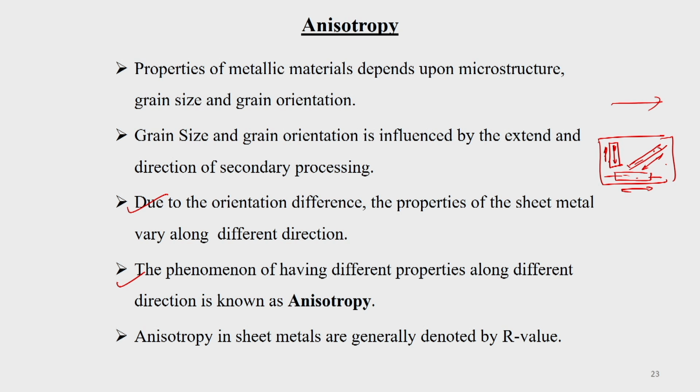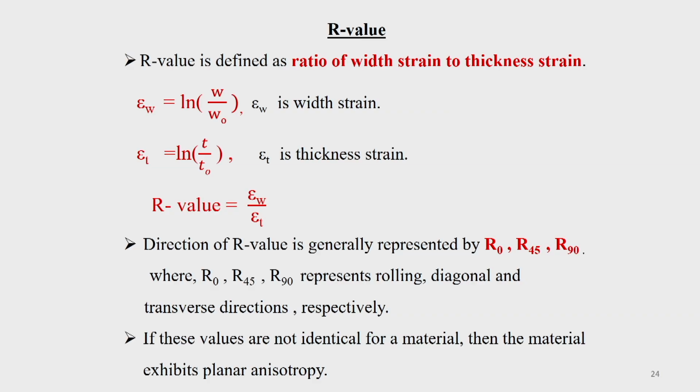So, anisotropy in sheet metals is quantified by this term, the R value. Let us see what this R value is. The R value of a metal sheet is defined as the ratio of width strain to thickness strain. Along the axis of the tensile stress, if that is taken as the length, then the width and thickness are there. So, the ratio between the strain along the width and the strain along the thickness is called the R value.